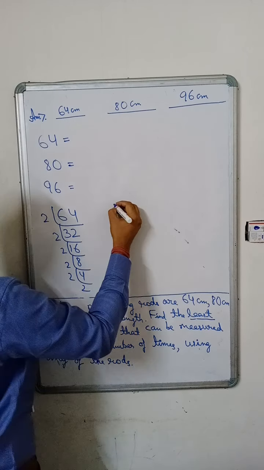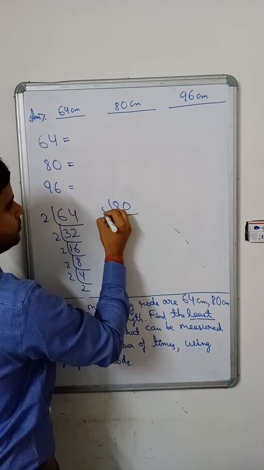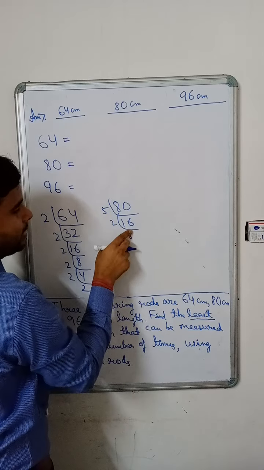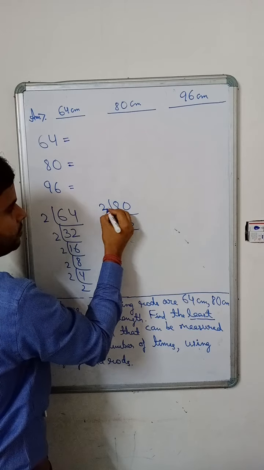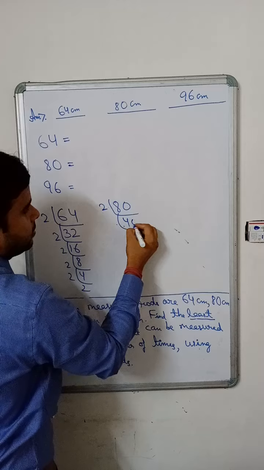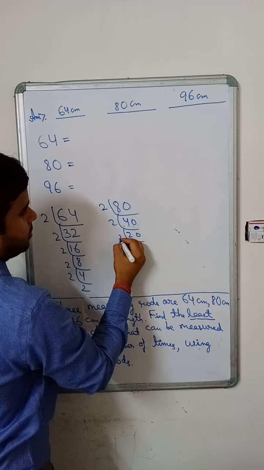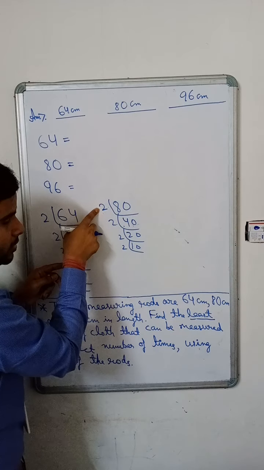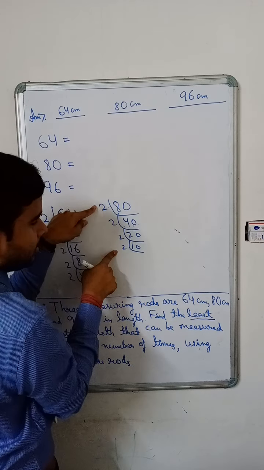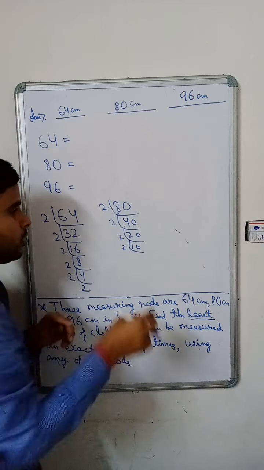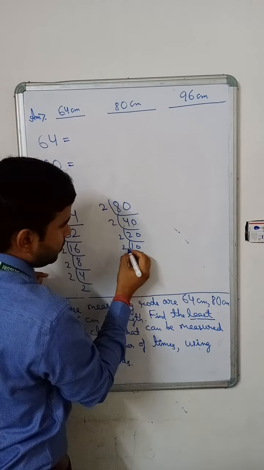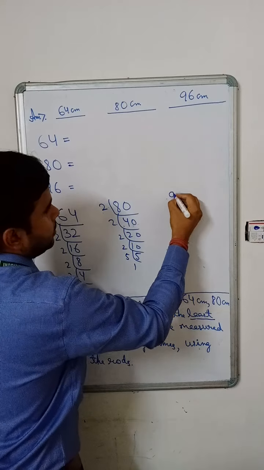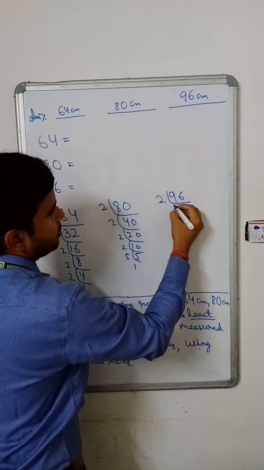You can start with 2, you can start with 5, not a problem. It's better you always start in ascending order: first the smallest prime factor 2, then 3, then 5, then 7 and so on. 2 5s are 10, 5 1s are 5, 2 4s are 8. Third number, let's factorize.